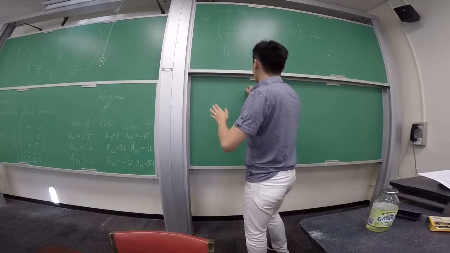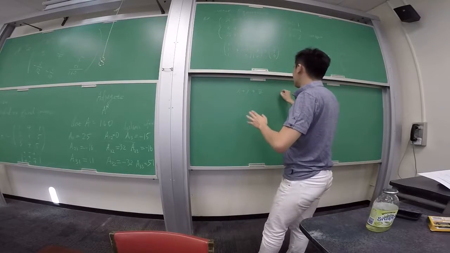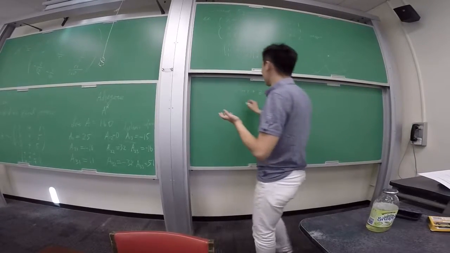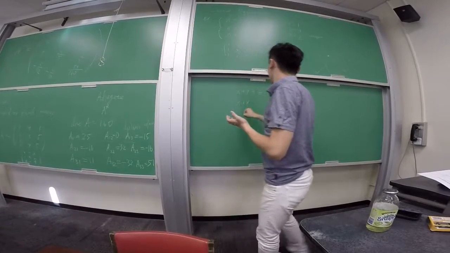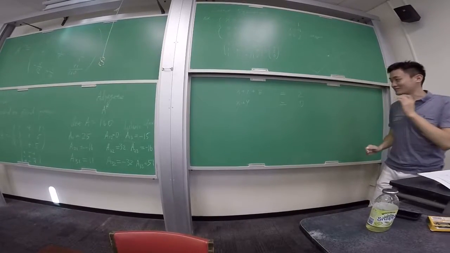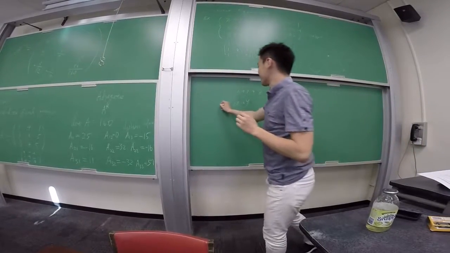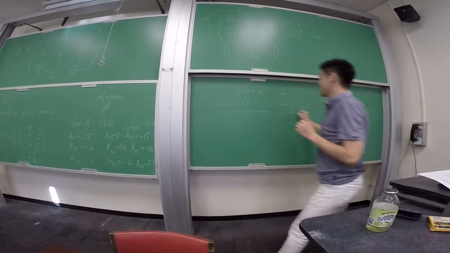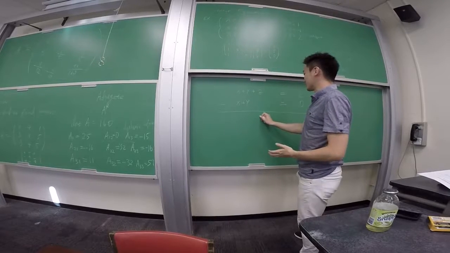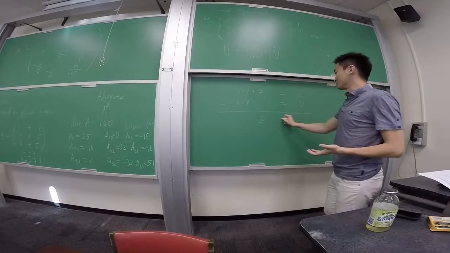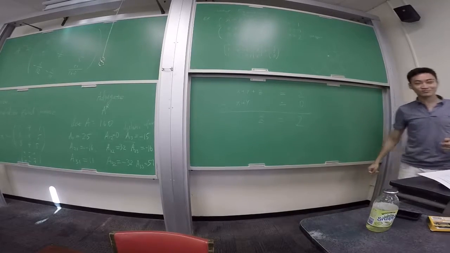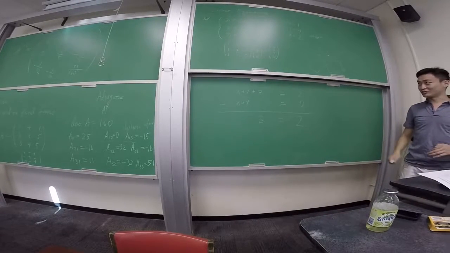Like x plus y plus z is equal to 2. And then you know that x plus y is equal to 0. So what you did is subtract these equations on both sides, right? And then the final result would just be z equals 2 minus 0. So z is equal to 2. So this is basically what you did.